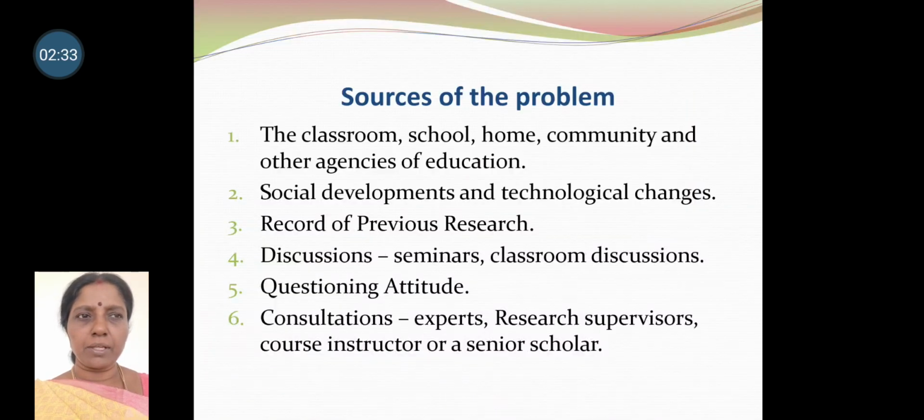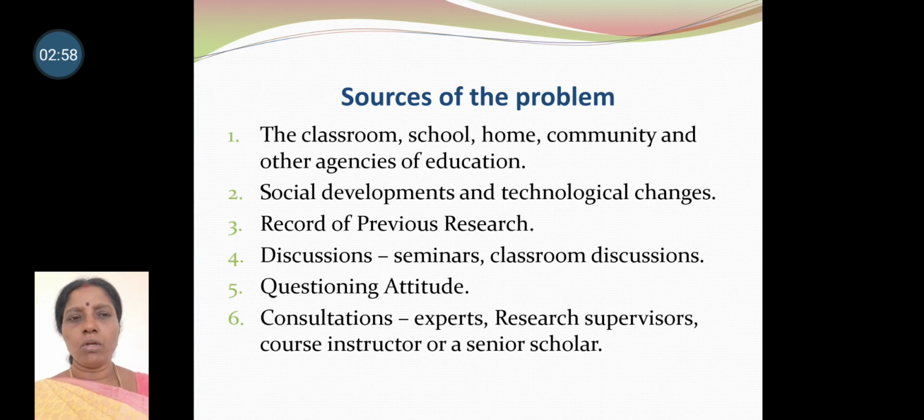Next, we'll see the sources of the problem. As you know, we are all teachers, so the main sources of problems arise from the classroom. The first and foremost place is the classroom, then the school, then the home, then the community and other agencies of education. The second one is social development and technological changes.